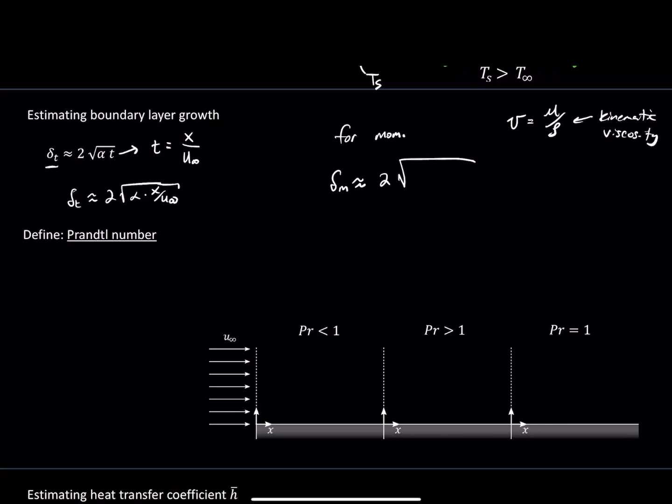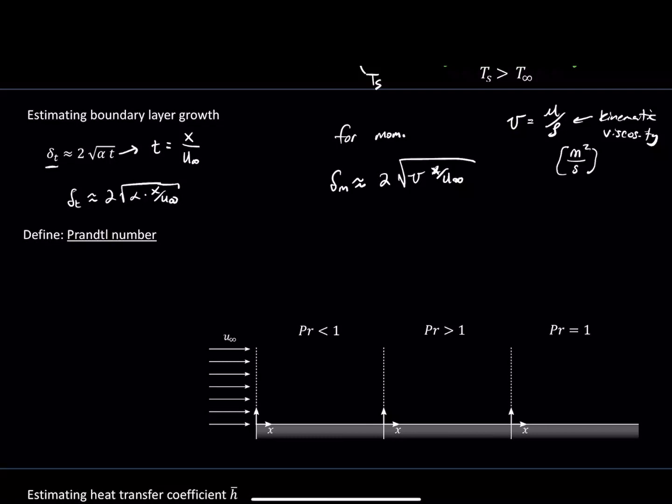And so kinematic viscosity is the analog for thermal diffusivity, and in fact it has the same units. It's meters squared per second. So we plug that in, so it's the square root of nu times x over u infinity. This gives us the momentum boundary layer growth.